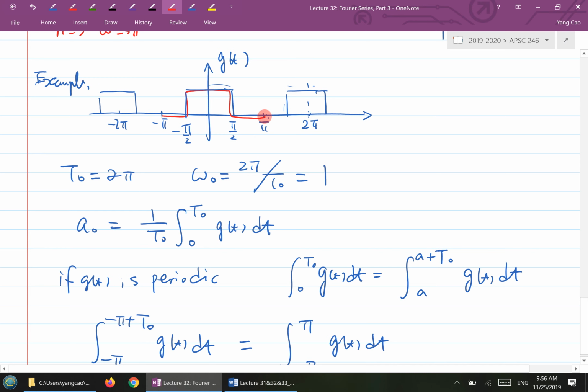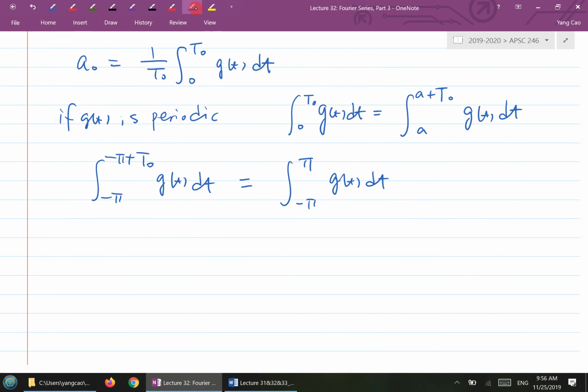This is one period, so negative pi to pi is one period. And of course, nothing wrong with from here to here, that's also one period. So I will do this in this question.